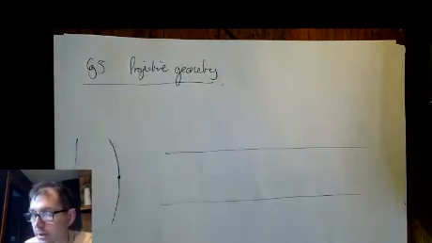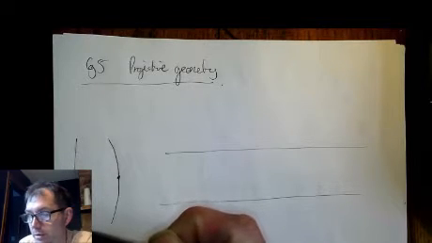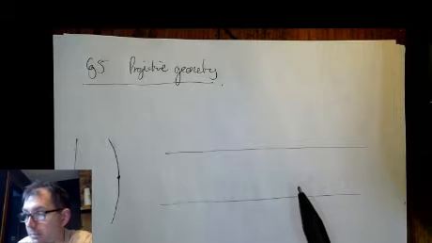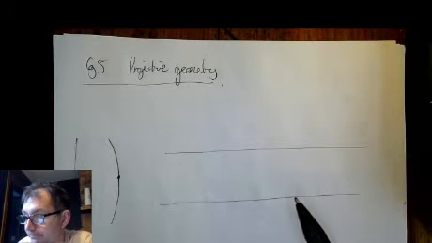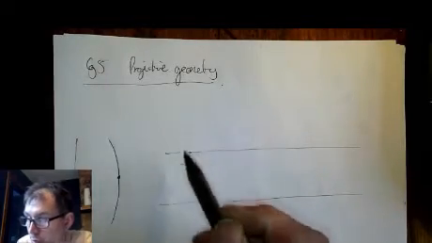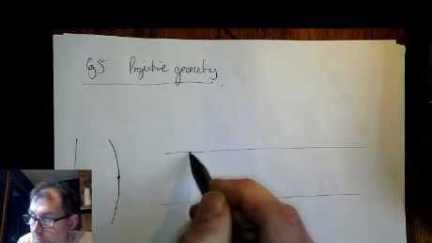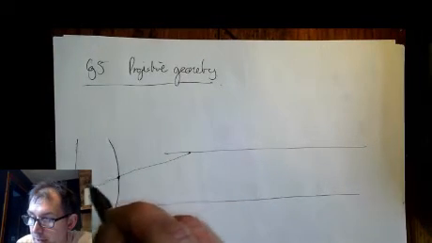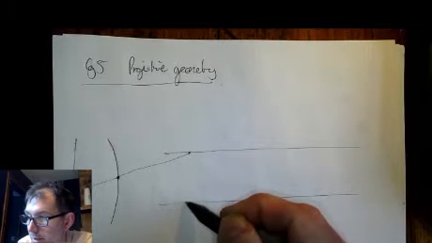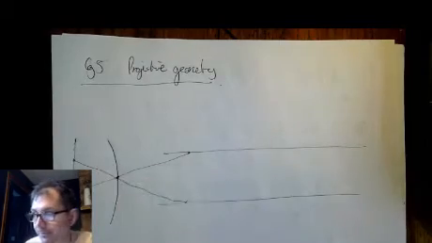So let's imagine, for the sake of argument, that the retina here is just a line, for the sake of simplification. So a point here would have a light ray bounce off it through the pupil and hit the back of the retina somewhere here. And similarly, you would get a point appearing here.